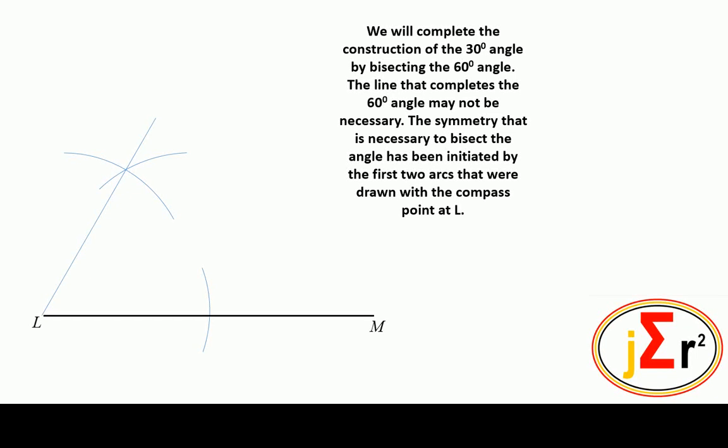The symmetry that is necessary to bisect the angle has been initiated by the first 2 arcs that were drawn with the compass point at L. So we do not need this line, because the symmetry required to bisect the 60 degrees angle was initiated by having the intersection of those 2 arcs, and of course having this arc crossing this line. So that symmetry is initiated by this point and that point, and we therefore do not need to have that line.